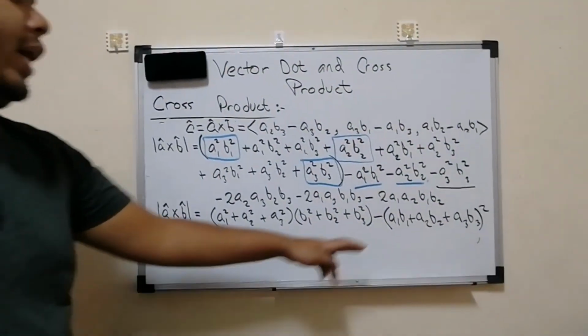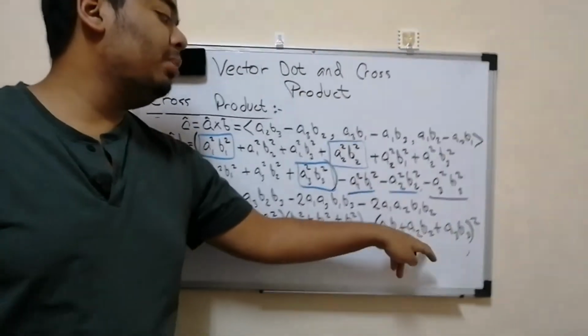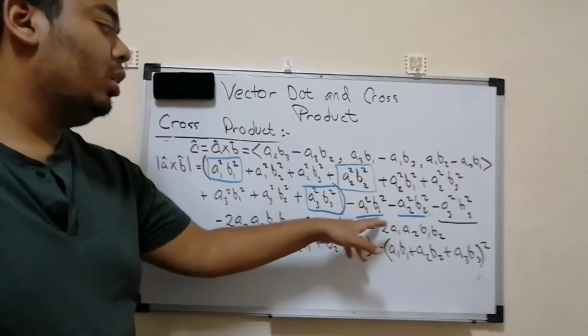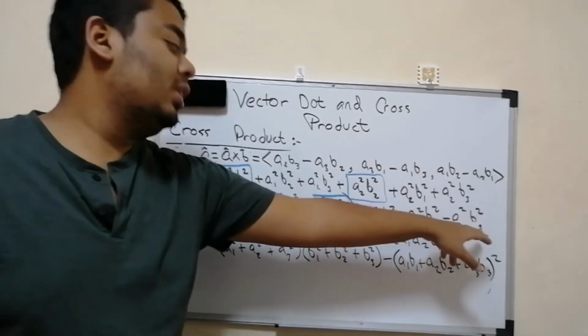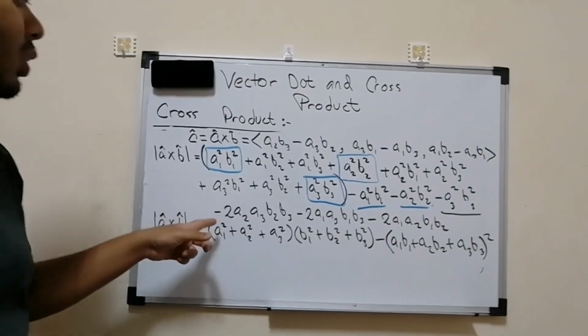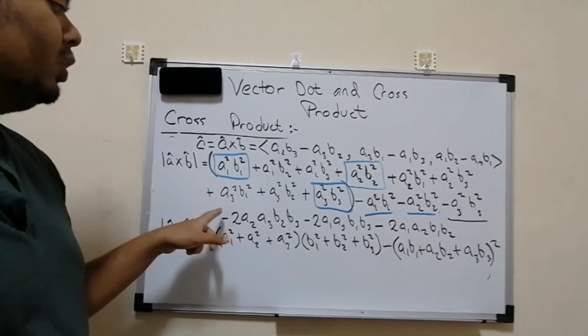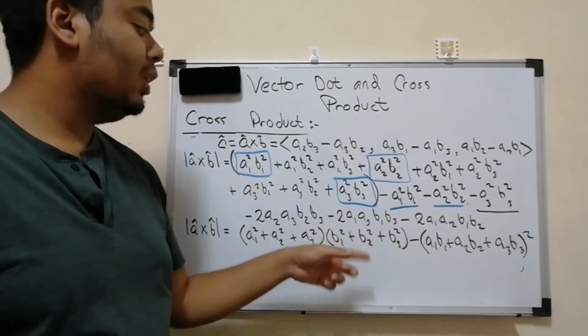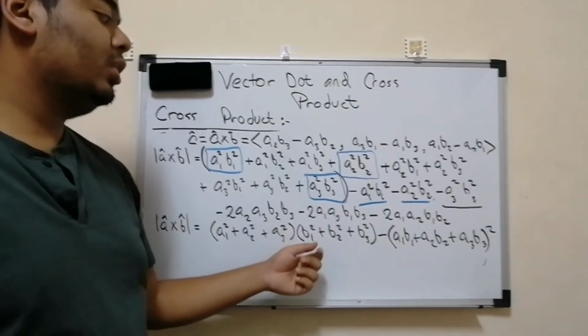So how a plus b plus c whole squared will actually give you a squared plus b squared plus c squared, minus, it should give you minus 2ab, minus 2ac, and minus 2bc.